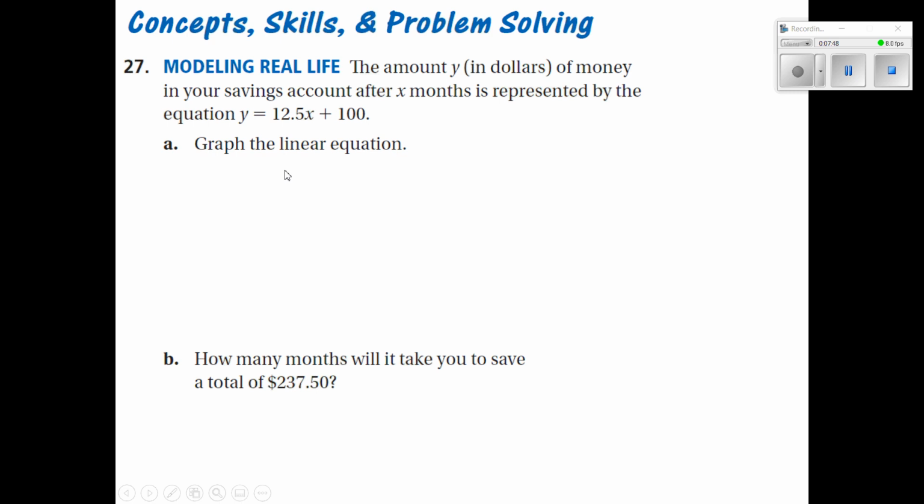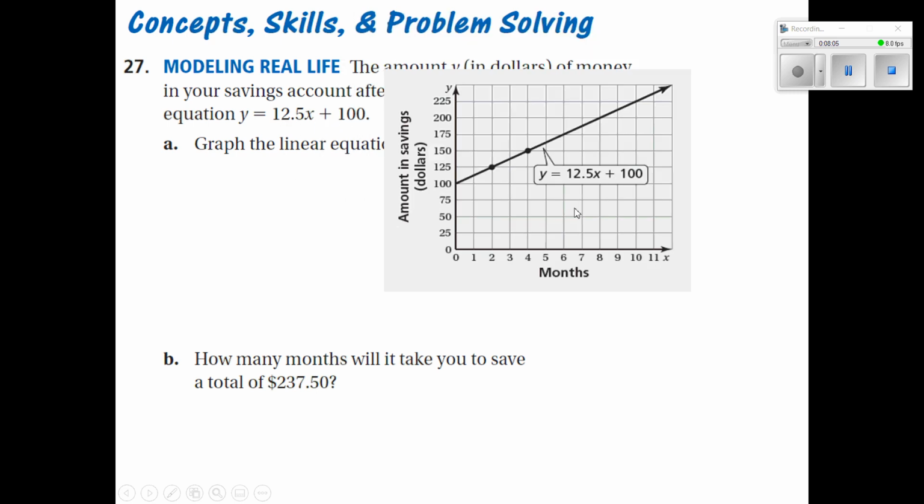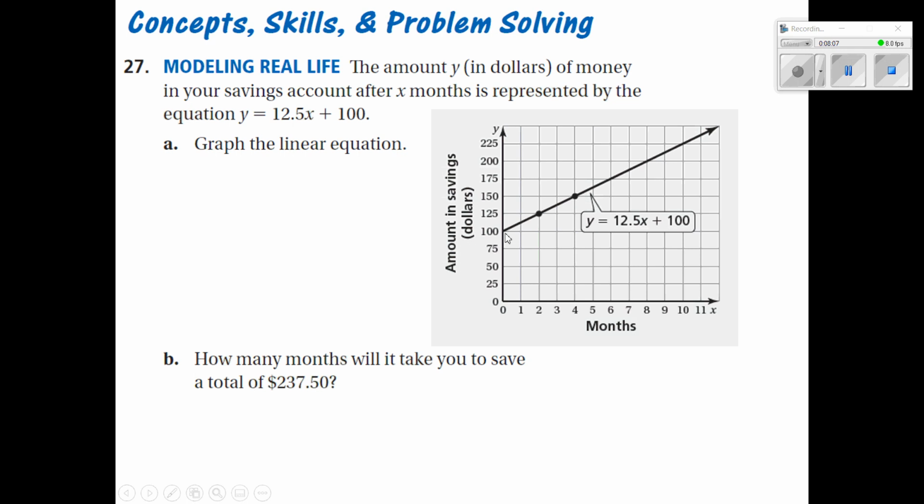That's a positive 100. I know it's going to be a line going up from left to right because there's a positive coefficient in front of my variable. And I know it's going to go up 12.5 for every 1 x, which is months. So for every month that goes by, it's going to go up 12.5. So when I graph it, I'm passing through 100 and going up 12.5.